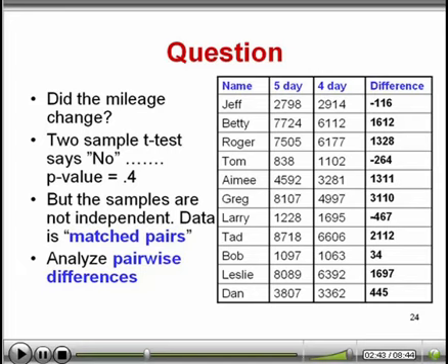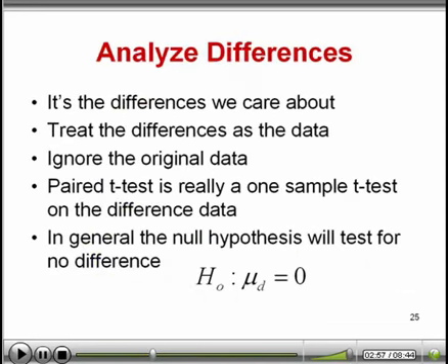Now we have a single set of observations to analyze, and if we wanted to, we could use the t-statistic formula from Chapter 8 on this column of differences and perform the test of significance. So when we analyze paired data, we really analyze the difference between the pairs, not the original data.